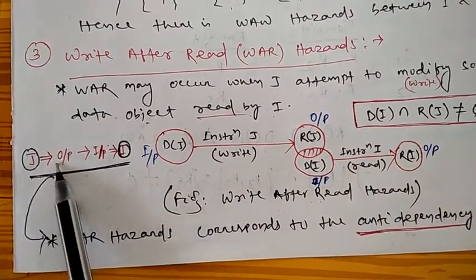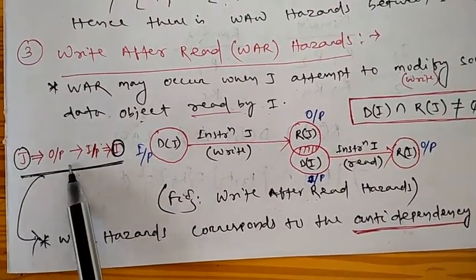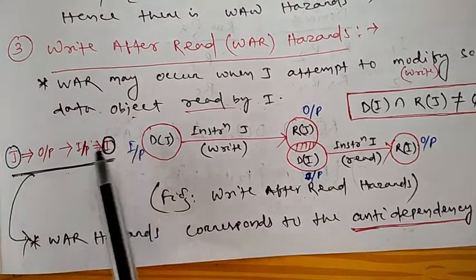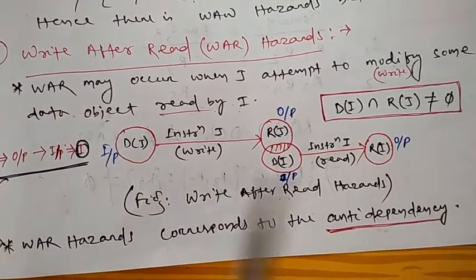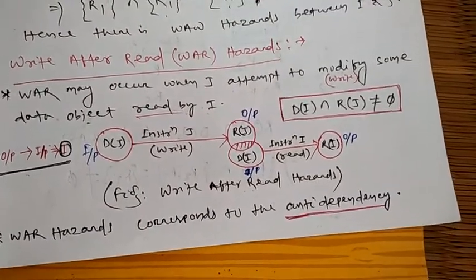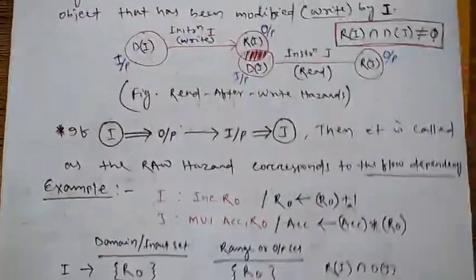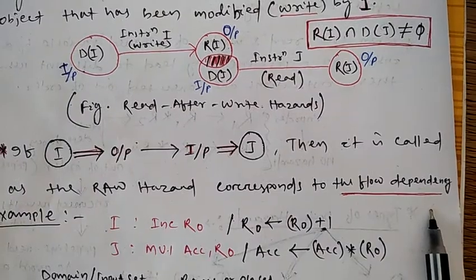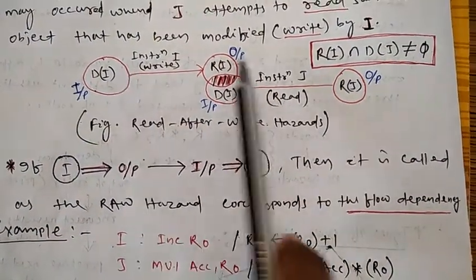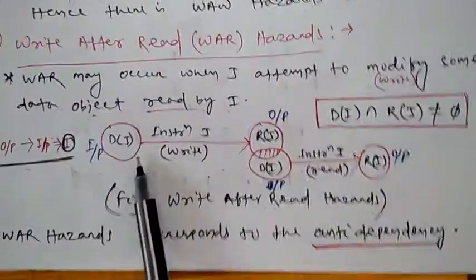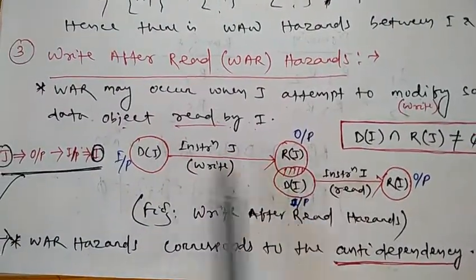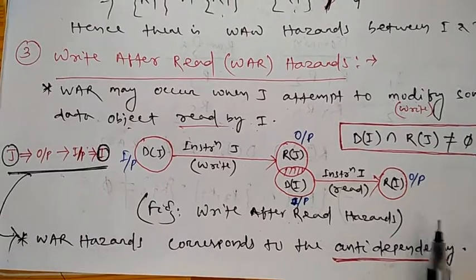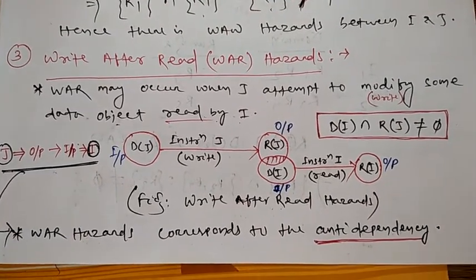Look, j is creating output which is acting as the input of I. This is called anti-dependency. The first one, read after write, is called flow dependency. Normally I is flowing, then j is working. But here j is working first, then it flows from j to I. That's why it is called anti-dependency.